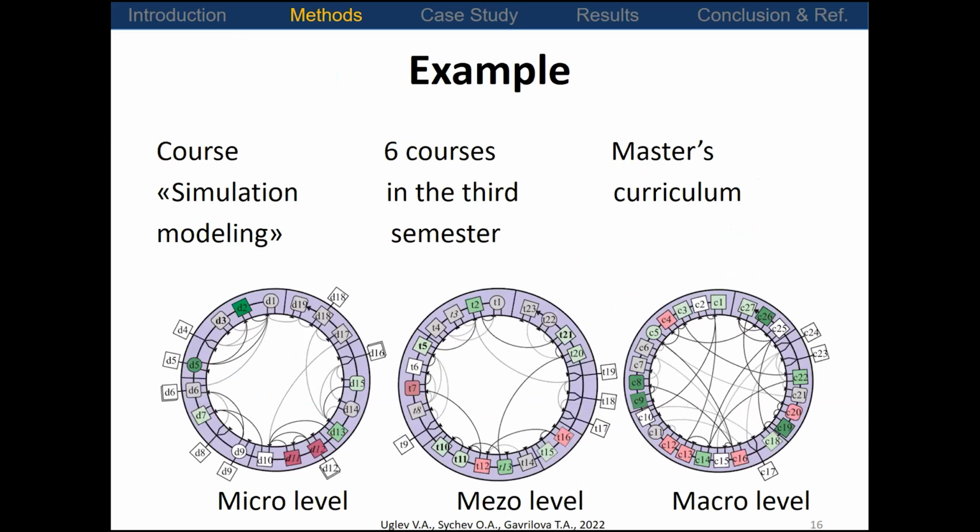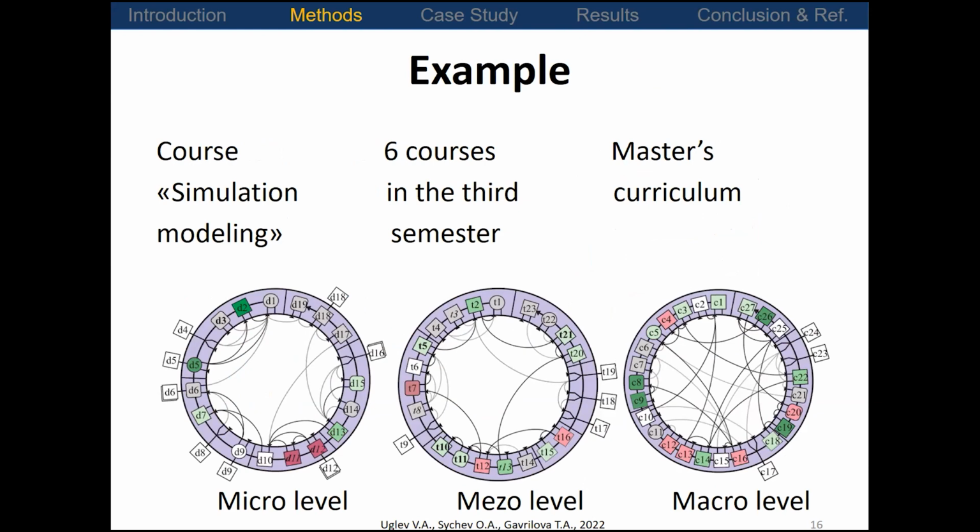This CMKD is shown on the map on the left. This is a micro level for a discipline for a semester. A map is shown in the center. This is a meso level, and the macro level for the master's degree curriculum is shown on the right.